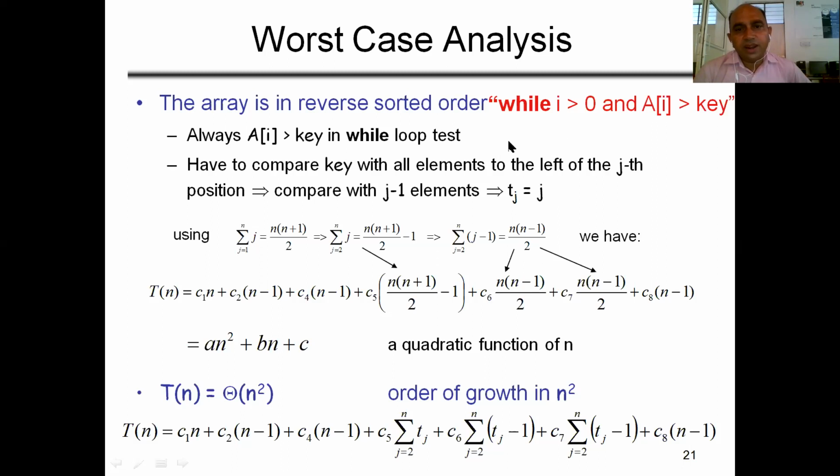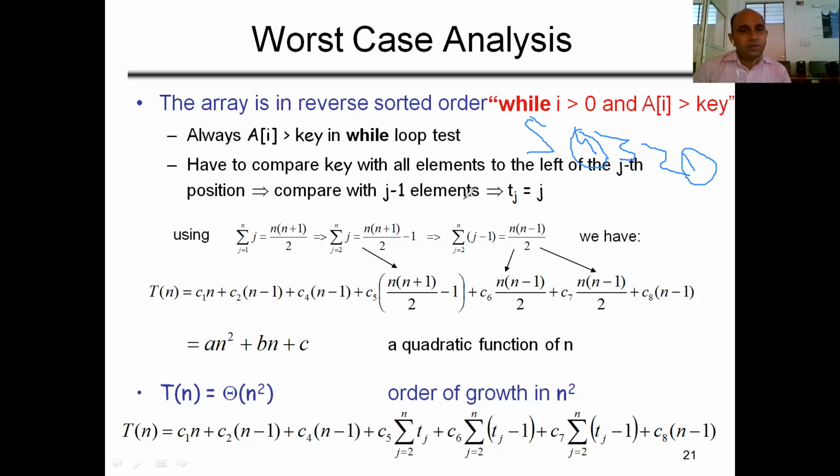For example, if we are taking the worst case, suppose our input values are 5, 4, 3, 2, 1. This is our input array. So every time we compare the 4 with the left side, this condition will be true. When we are comparing 1 to the left side, the condition will be true for all the cases. In this case, the value of tj will depend on j.